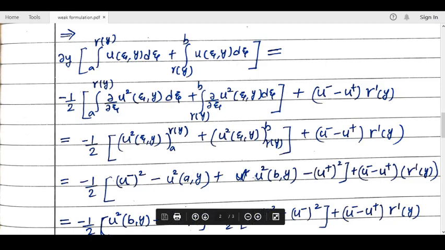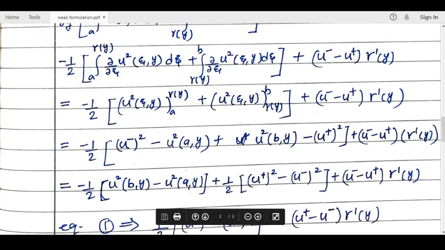No problem. Plus, again, here the upper limit is u square of b comma y. Now, minus for the lower limit, again we use the notation u plus, so it is u plus square, plus the remaining terms u minus minus u plus into gamma dash of y. I hope this is clear.